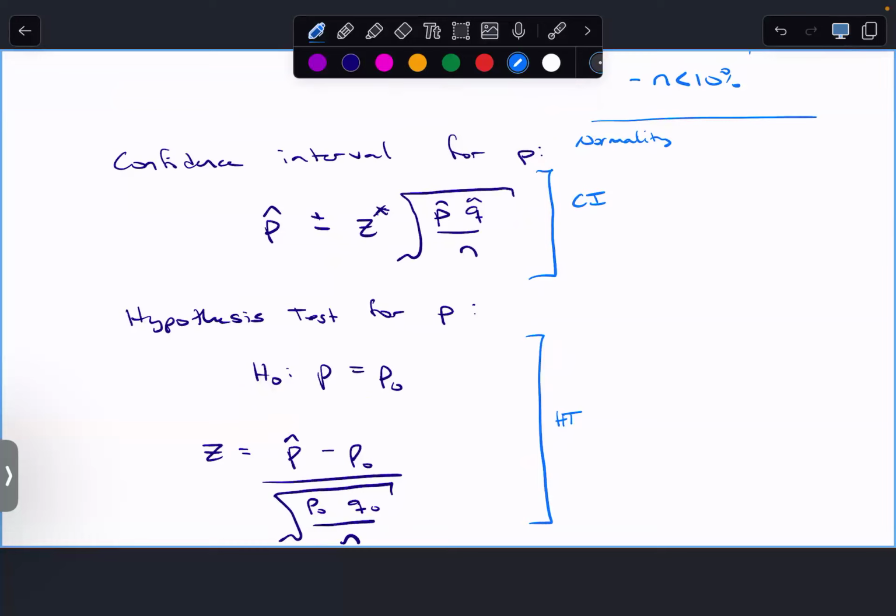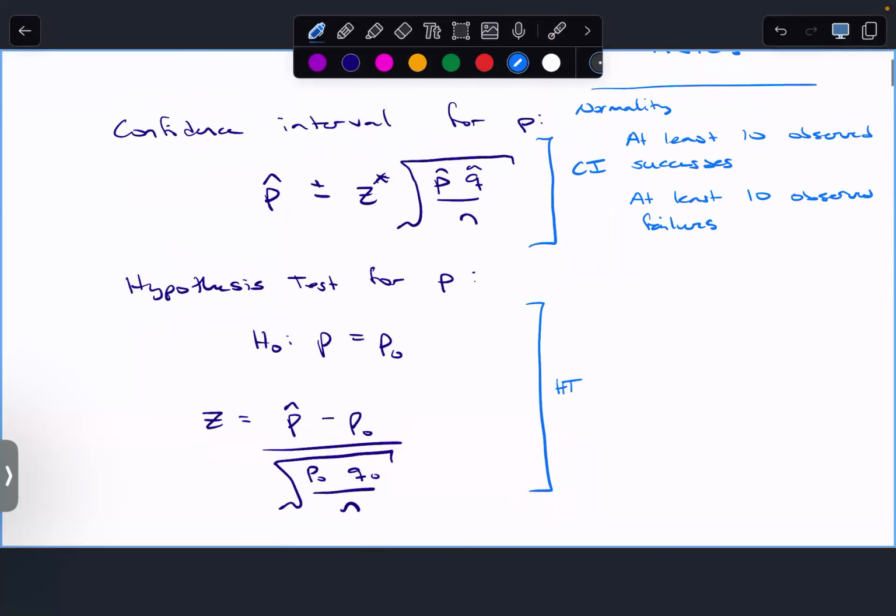For the confidence interval, we need to check that we have at least 10 observed successes and at least 10 observed failures.